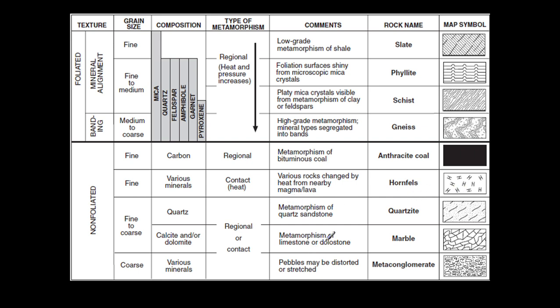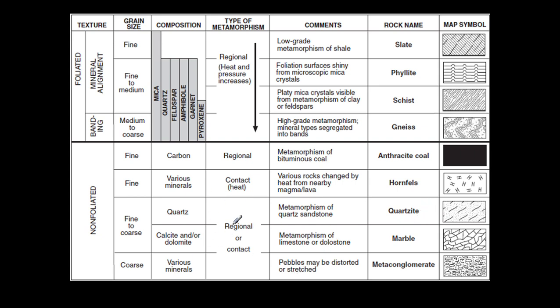All right, now, hornfels is kind of like your get out of jail free card because hornfels can be formed from various rocks, meaning any rock that is formed from contact metamorphism can become hornfels. Hornfels is we're not really sure what it is. That's what various means, right? So if you're not sure and hornfels is an answer choice, and we're talking about contact, this is always a correct answer, right?